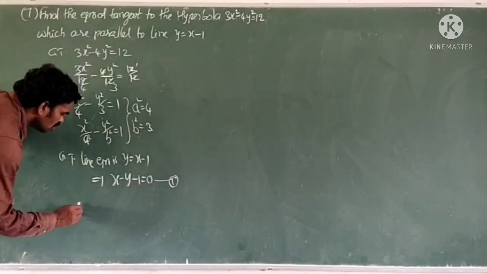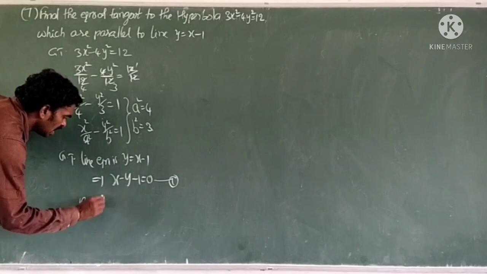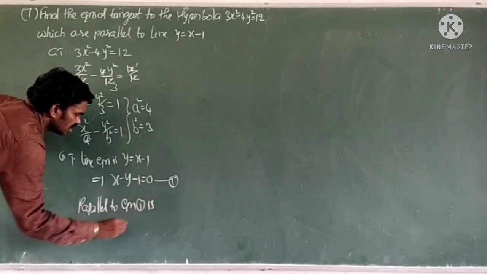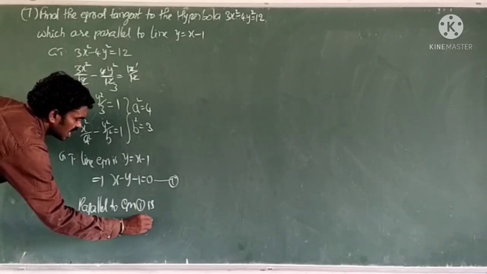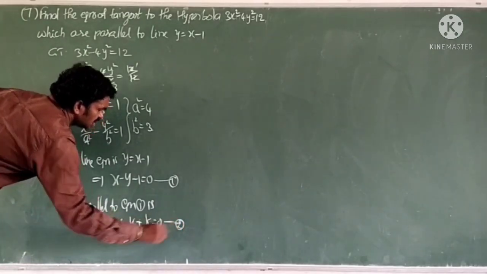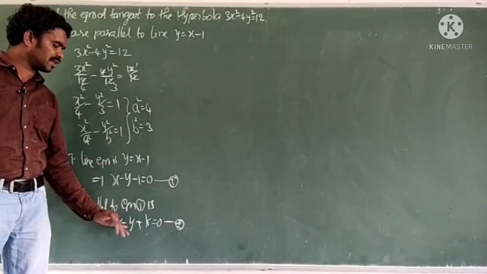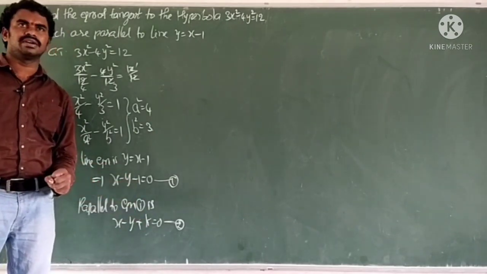Okay. So parallel to equation 1 is x minus y plus k equal to 0, equation 2. Am I right? Because for a parallel of any equation, the x term and y term are the same, only the constant will be different.